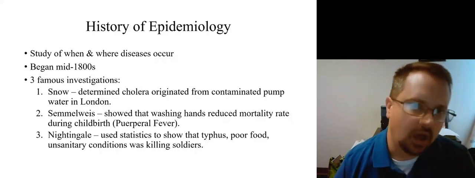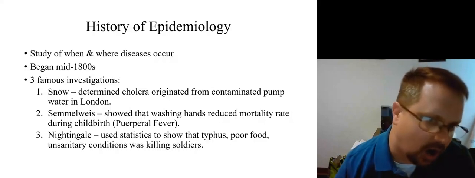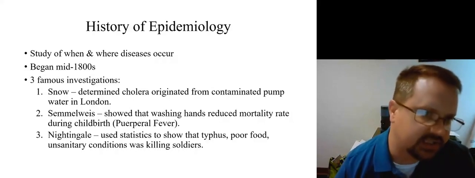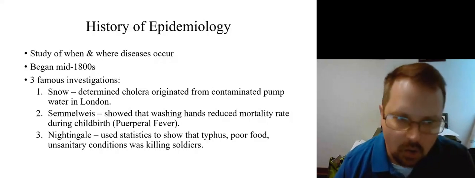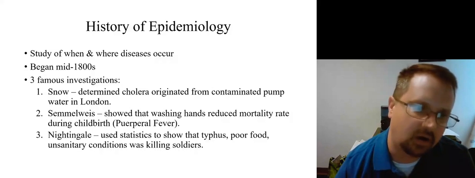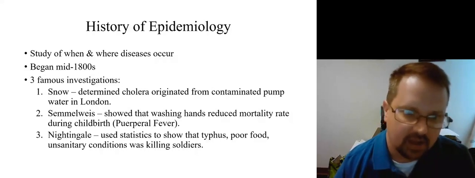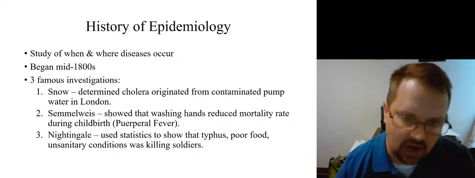Okay, so epidemiology, we always try to study when and where disease occurs. That was the 1800s. Snow, a person named Snow, determined that cholera originated from a water pump in London. Semmelweis, puerperal fever during childbirth.